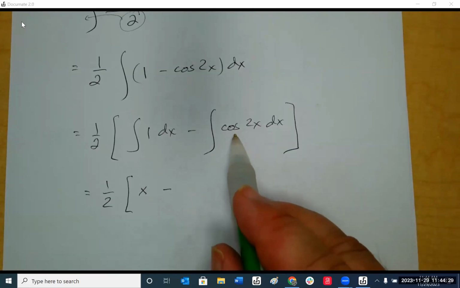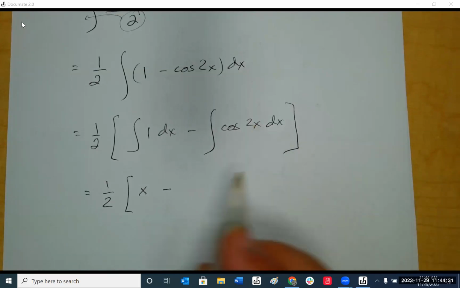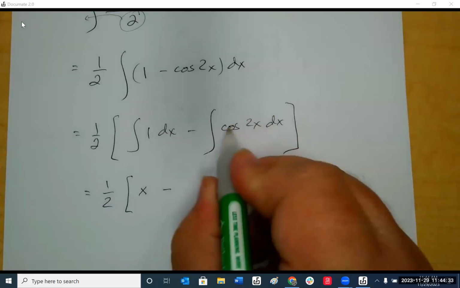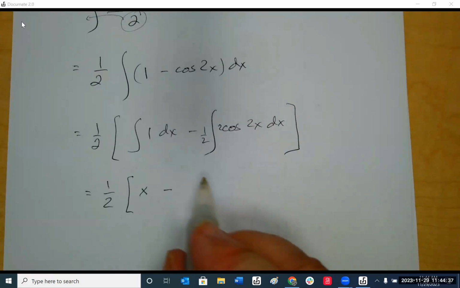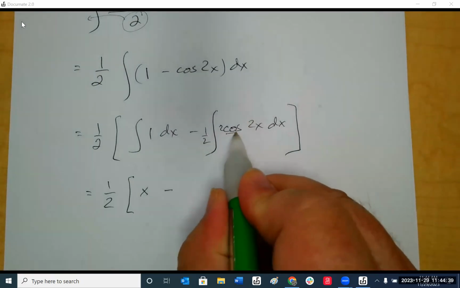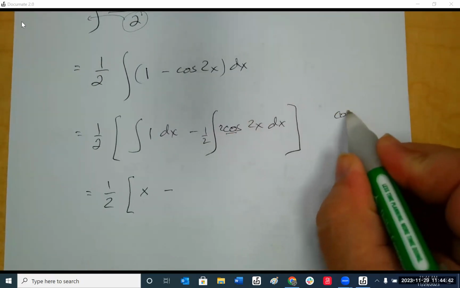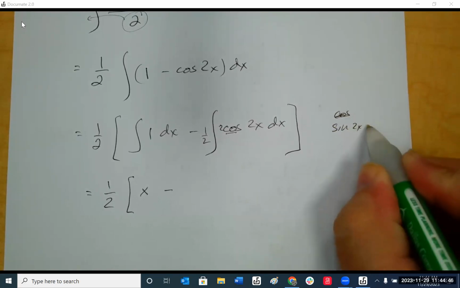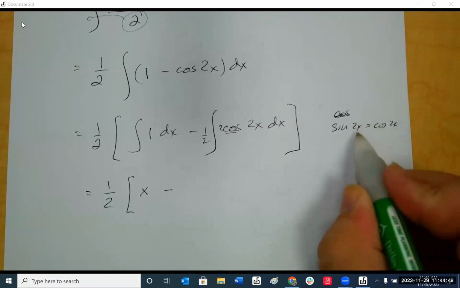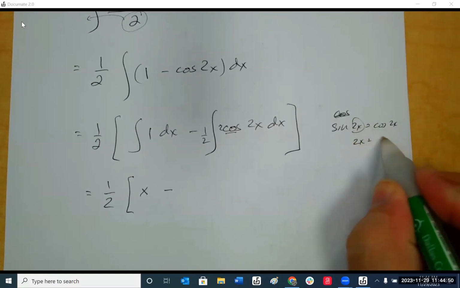The integral of cosine 2x: we're missing a 2, so we need to have a 1/2, because the derivative of sine is cosine, times the derivative of this, which is just 2.